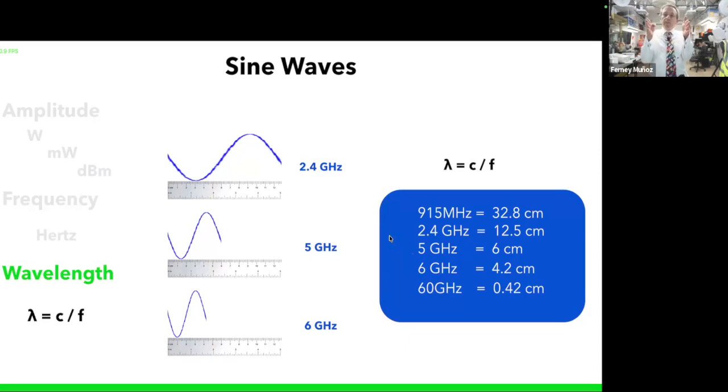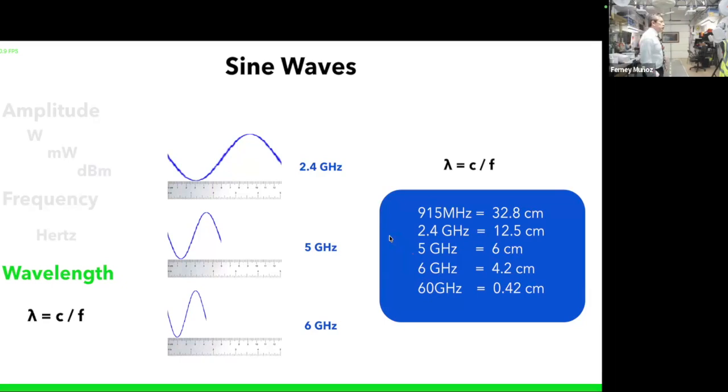That's 2.4. At 5 gig, since you're putting more cycles inside the same amount of time, you end up with a shorter wavelength, about 6 centimeters long. And 6 gig, doing the same math, about 4.2 centimeters long, so a shorter wave. And 60 gig is a tiny little millimeter wave, 0.4 millimeters. It's not precise, it just fluctuates depending on the exact frequency.